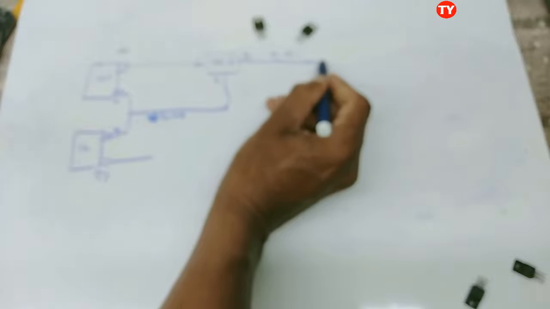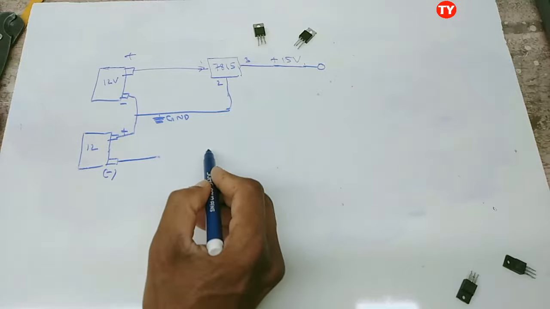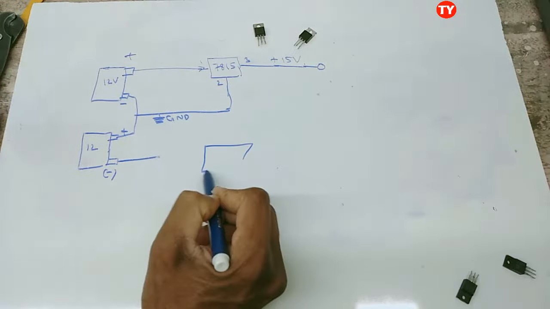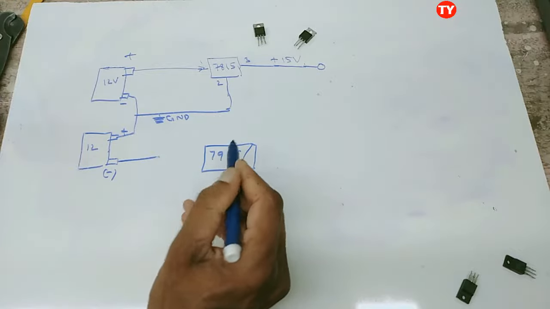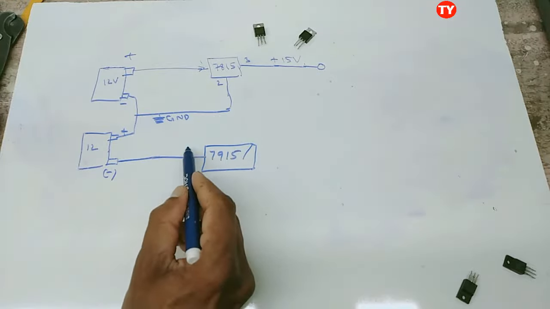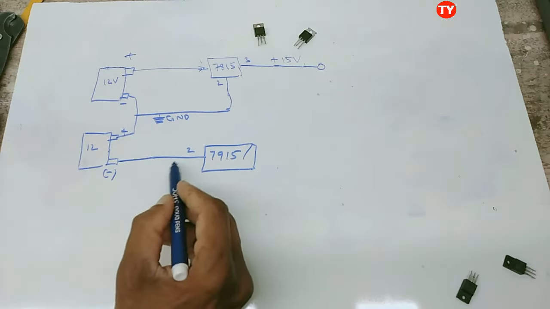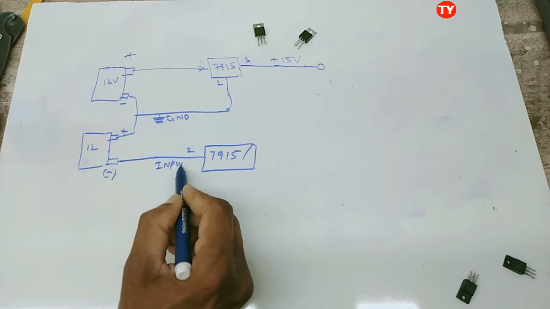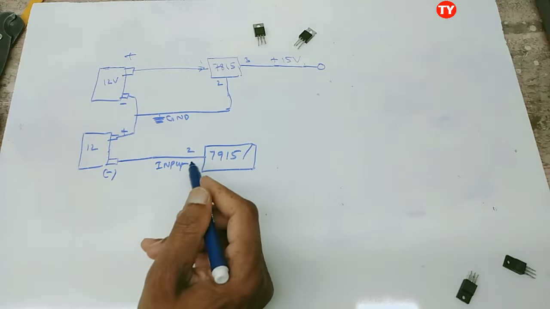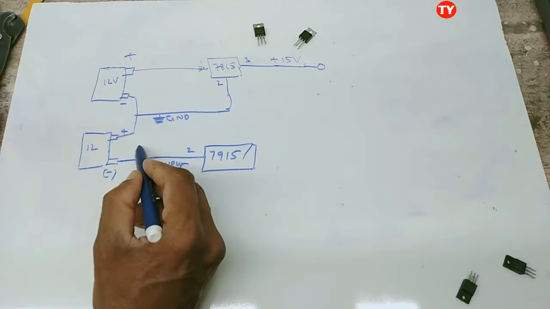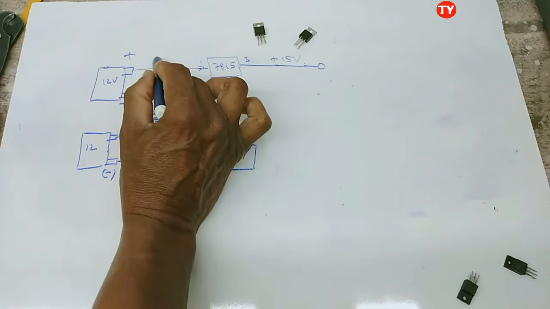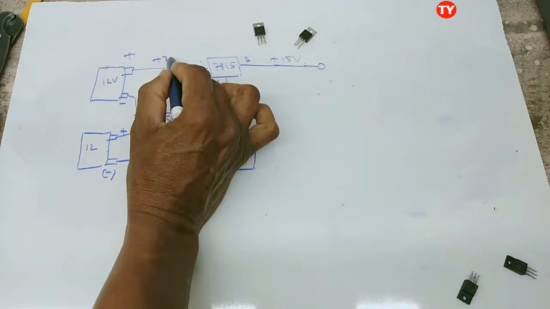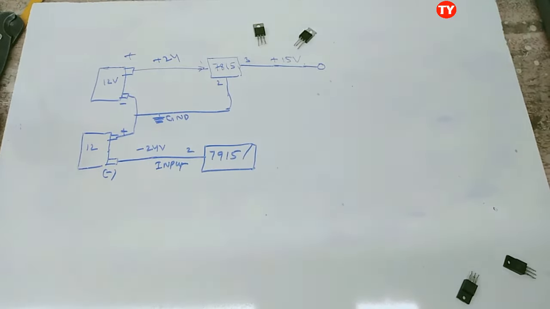And here we have to use 7915. It goes to input pin number 2 input. Here we will get minus 24 volt. Here we will get plus 24 positive volt.